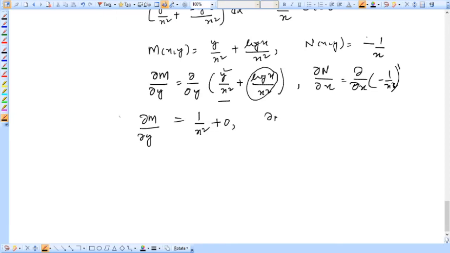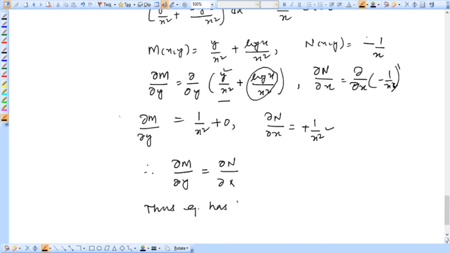Now ∂N/∂x is the differentiation of minus 1 over x, which would be minus minus plus 1 over x square. So since both the derivatives are equal, thus the equation has become exact.